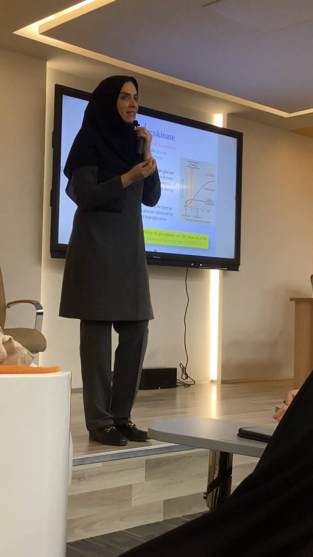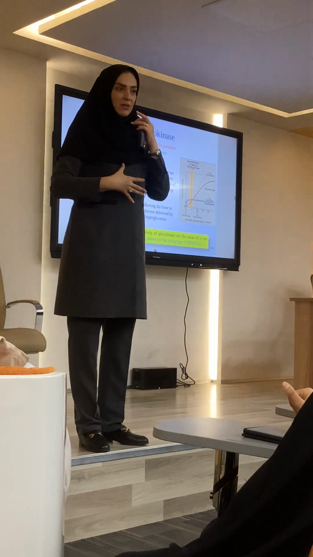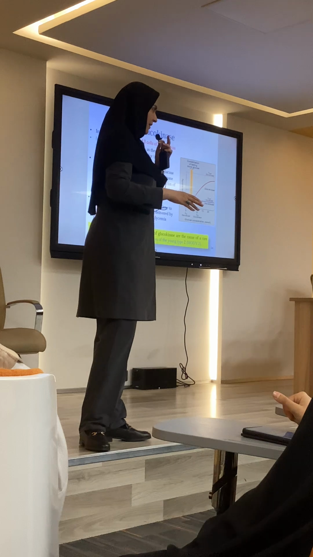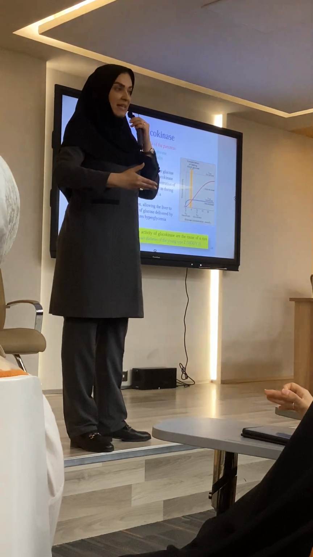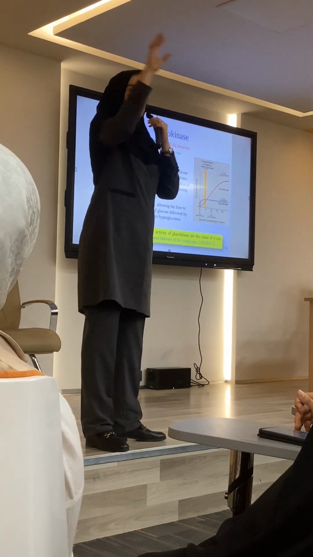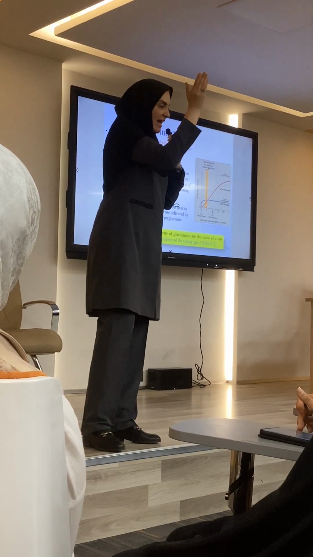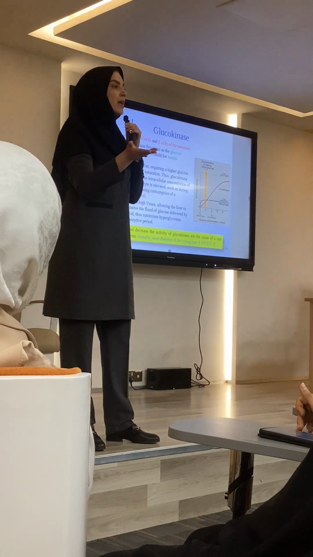Whenever you eat this delicious cake, it reaches the pancreas. The pancreas senses the high glucose and secretes insulin. And not only does it secrete insulin, it accelerates the activity of glucokinase to convert glucose to glucose 6-phosphate, and actually they remove the glucose to control the level of blood sugar.